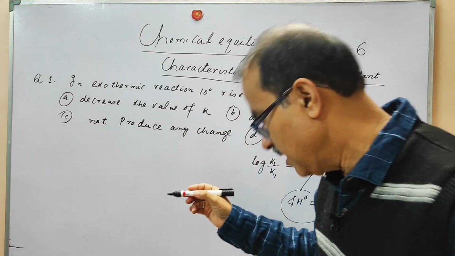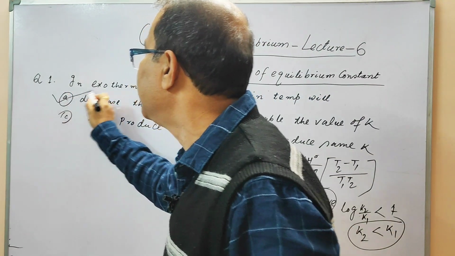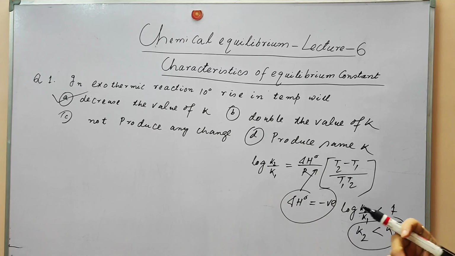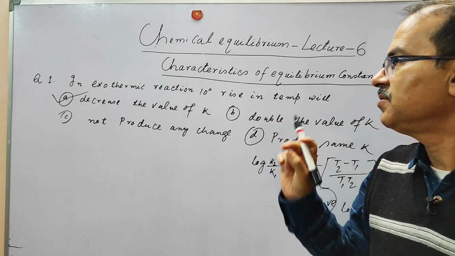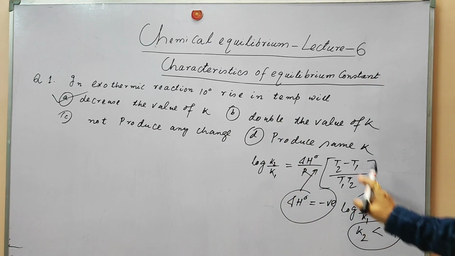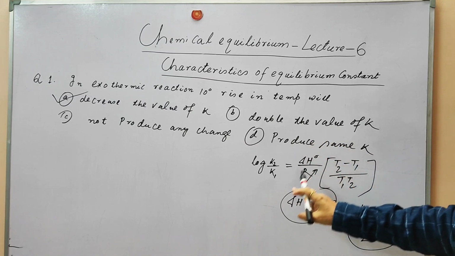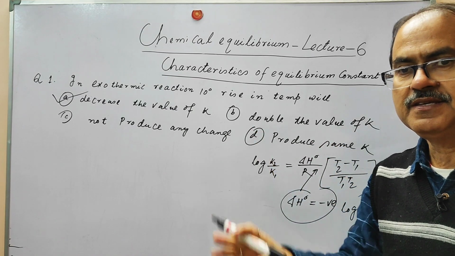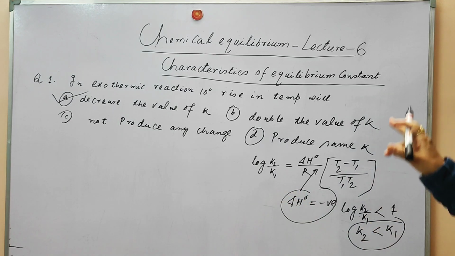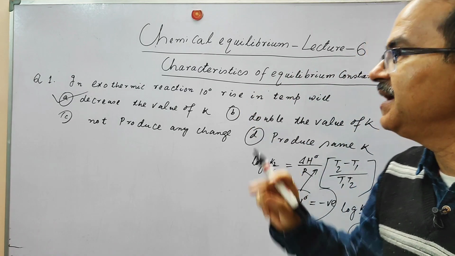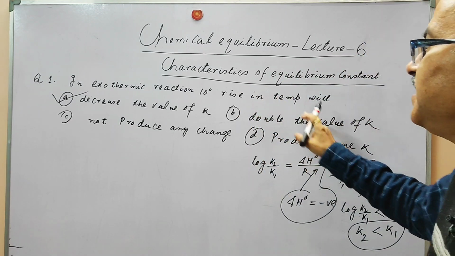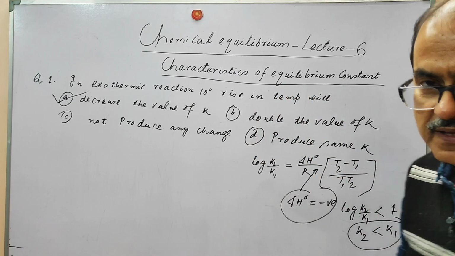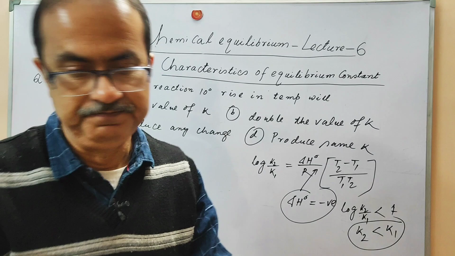Decrease the value of K will be the correct answer. So you understand, for an exothermic reaction the value of K decreases, because here there is a negative change of enthalpy. Enthalpy is decreasing, but if it is endothermic, it will be different, then it will increase the value of K. Okay, this type of question will come.